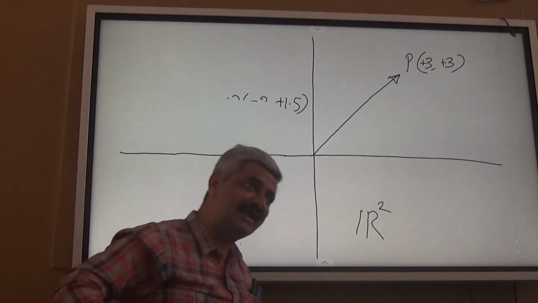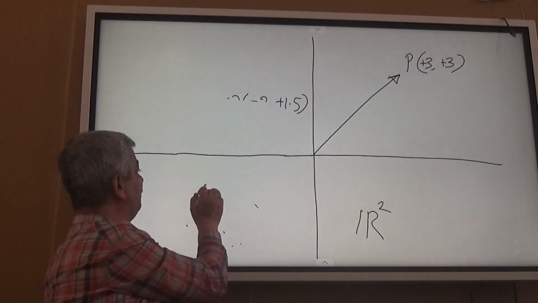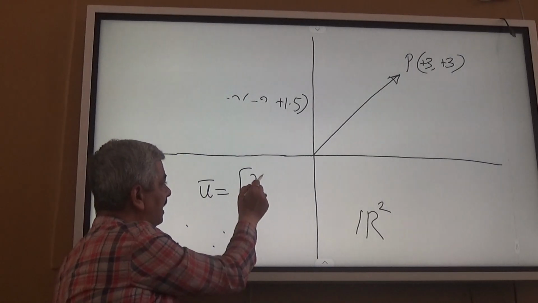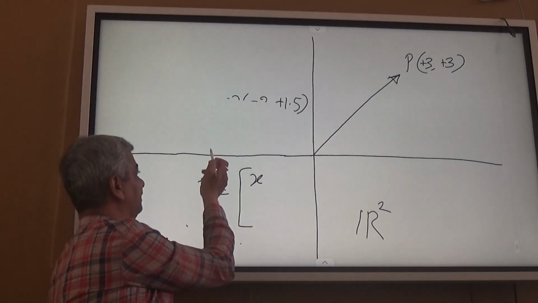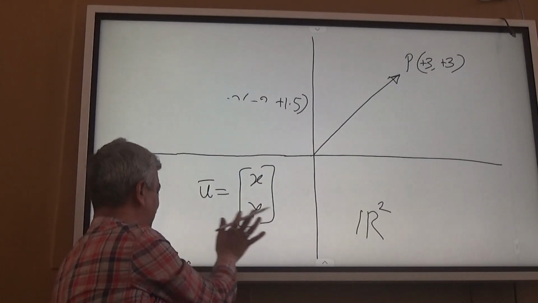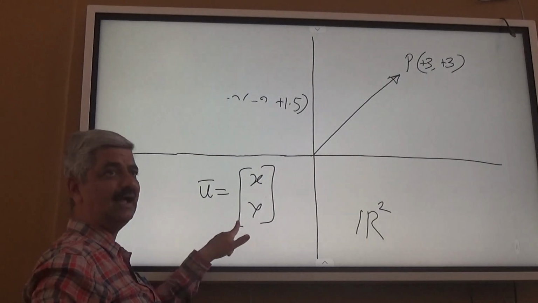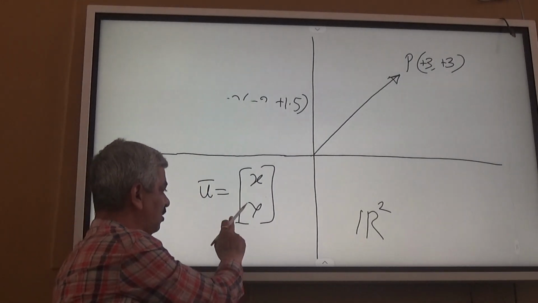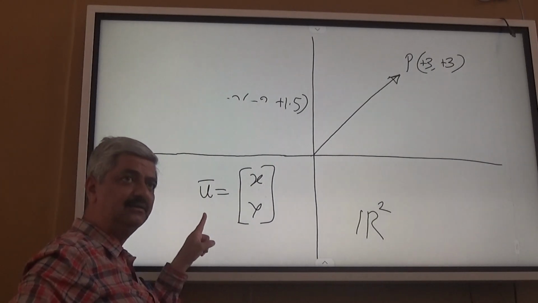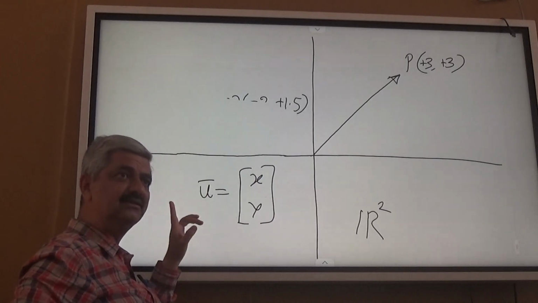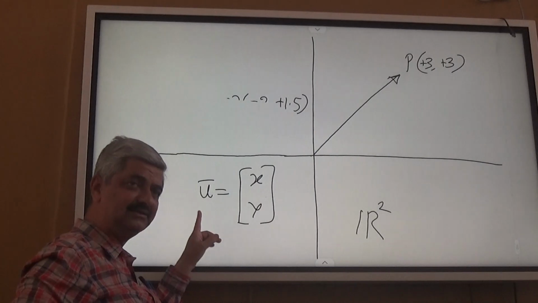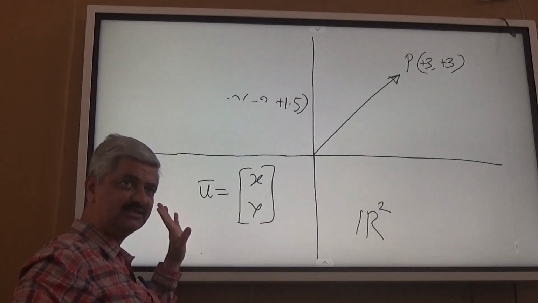Now what can be the ways? Now it's a two-dimensional plane, right? I can write x comma y also, but let's say x y. If u is x y, there are two coordinates. It is an ordered pair. So u bar is a vector in a two-dimensional real space, a two-dimensional vector space.